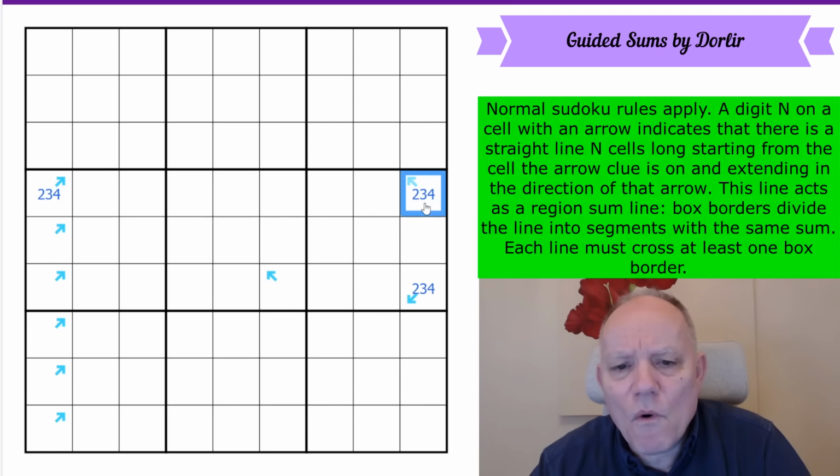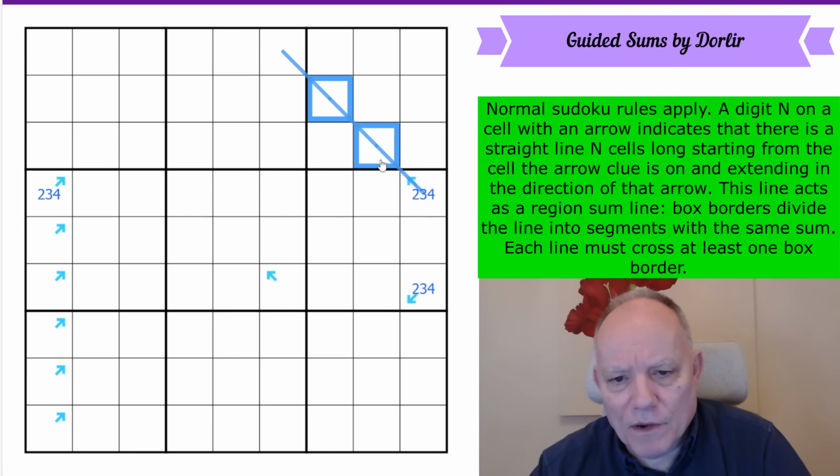If it's a 4, the region sum line wouldn't go like that. It would go like that. And the region sum line would have 2 different regions that added up to 4. Well, 3 in fact. Those 2 would be single cell 4s, and that would be a 1-3 pair. So this digit is always going to be 1, 2 or 3.